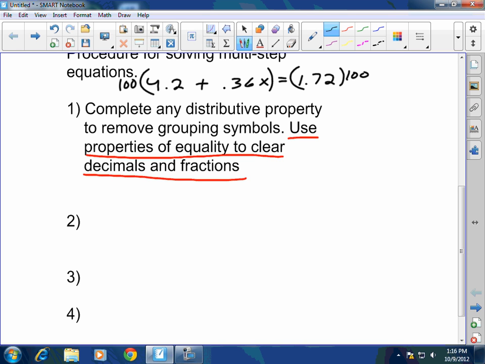But since I multiplied 100 on both sides, did I change the value here or did I keep it equal? Think about it, guys. I multiplied 100 to this side and I multiplied 100 to that side. Did I keep both sides equal? Yes, because whatever I do to one side, I must do to the other. So that's what I mean by properties of equality to clear decimals and fractions. That's how you would clear decimals.